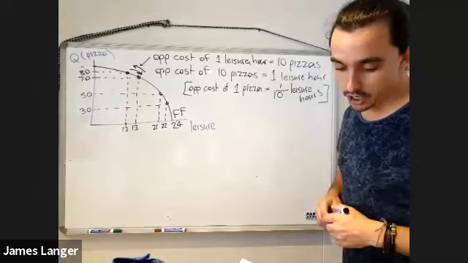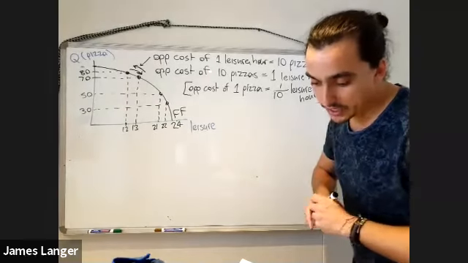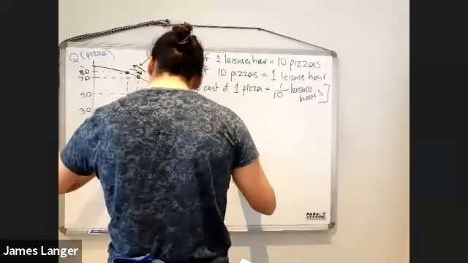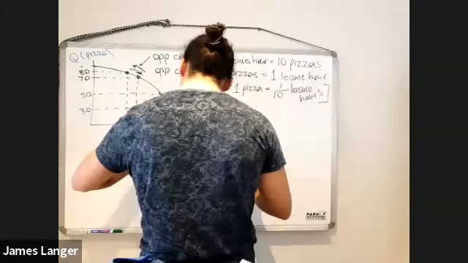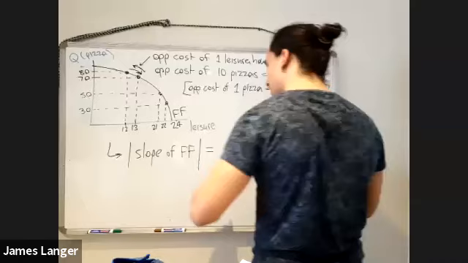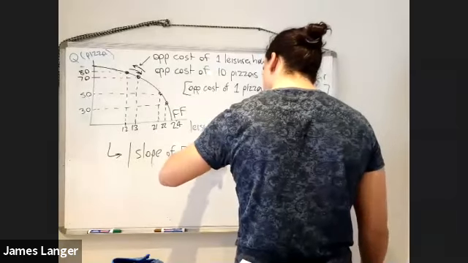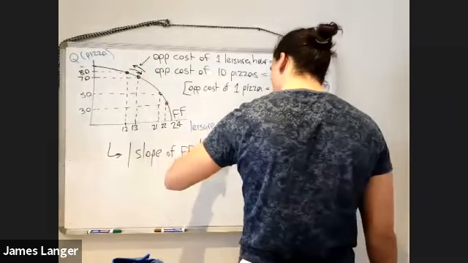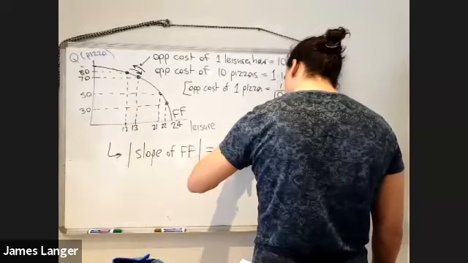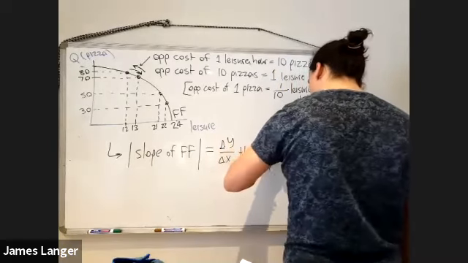All right, we're good. So now we can essentially take this and say that the absolute value of the slope of the feasible frontier is going to be equal to the change in Q, change in Y, over the change in X that is possible.